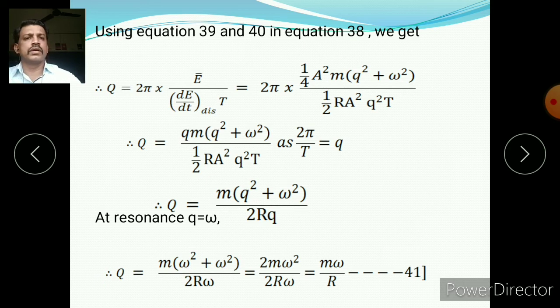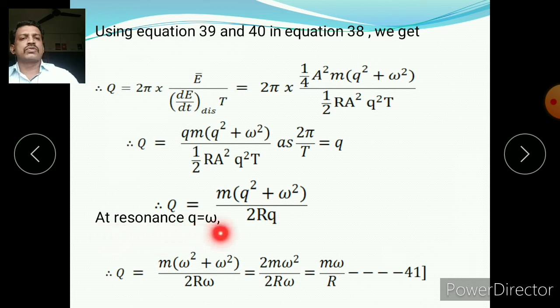Here it is 2 pi, here it is T, therefore here it is q. A squared will cancel, therefore m (q squared plus omega squared) upon half r q squared T. Here A squared is not necessary, by mistake it is written. Therefore Q equal to, again q will cancel, m (q squared plus omega squared) upon 2rq.